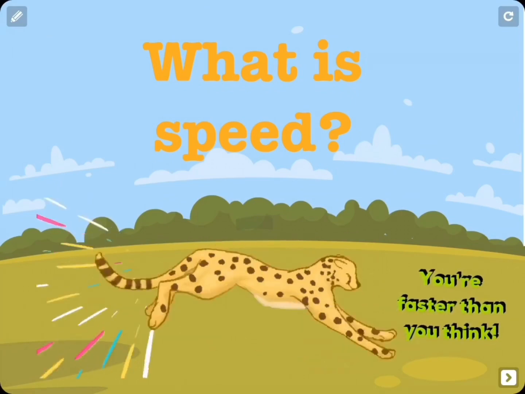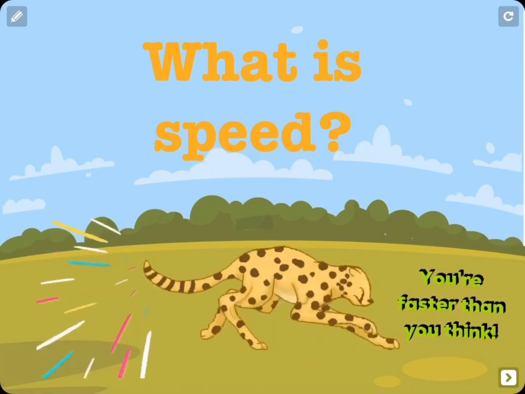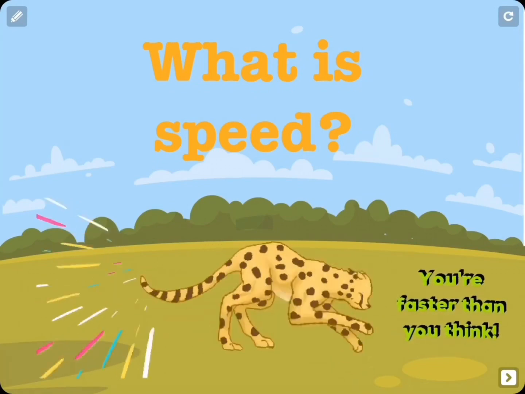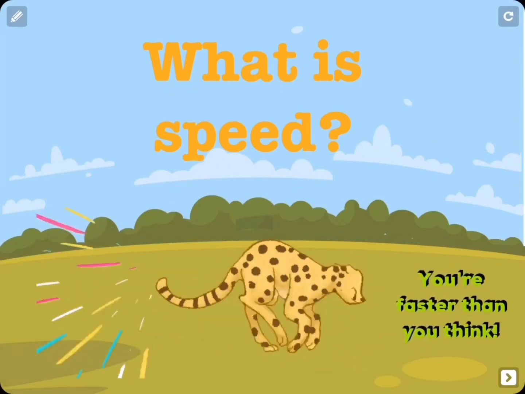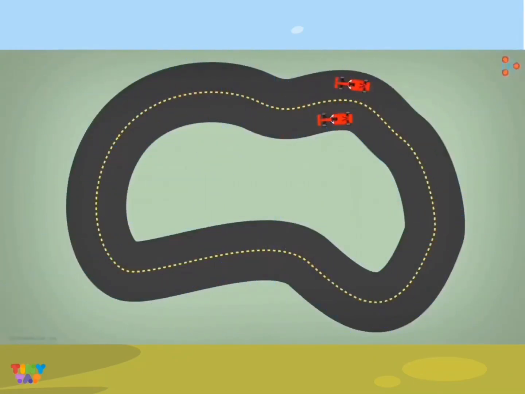That's an amazing speed. Now, let's see the following video to understand what is speed and how to identify this concept. How do we know if an object in motion is traveling faster or slower than another? Think about two objects, Object 1 and Object 2.